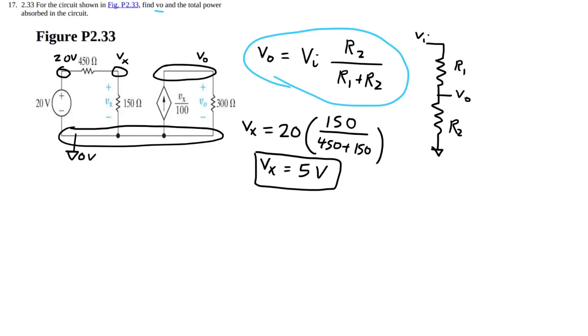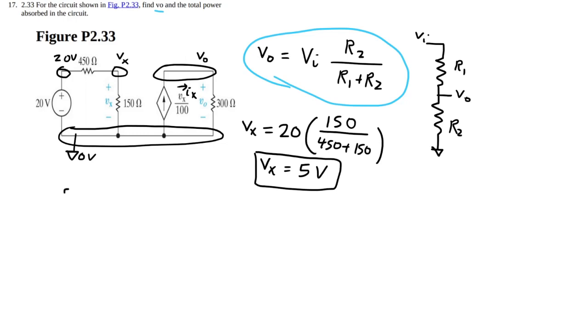So with Vx, we can calculate, say we want to call this Ix. Doesn't matter what we call it, but I'm going to call it Ix. Well, Ix is being supplied by this source, and the magnitude of Ix is determined by Vx over 100.